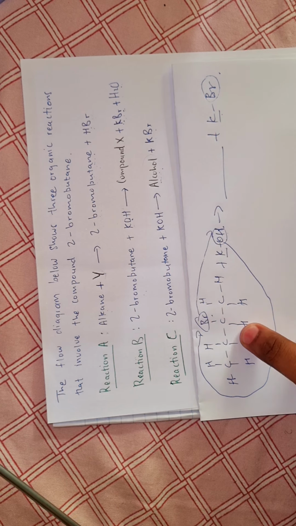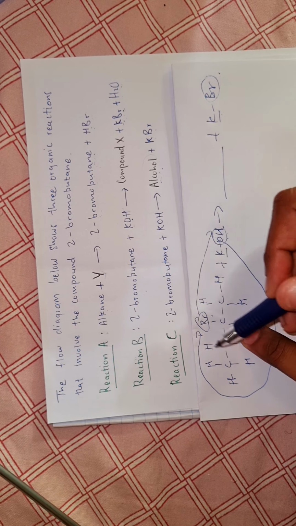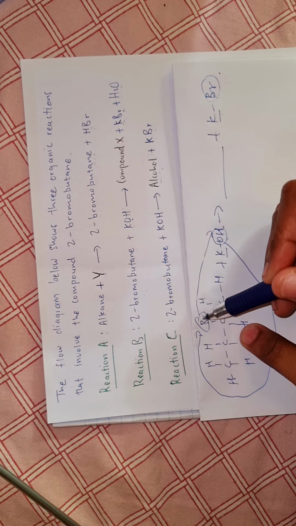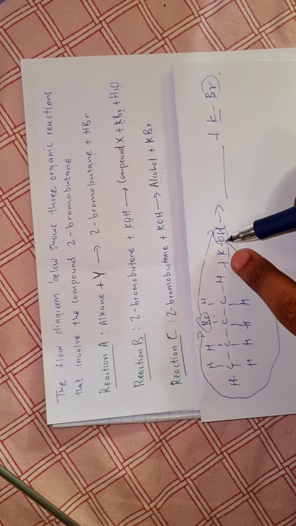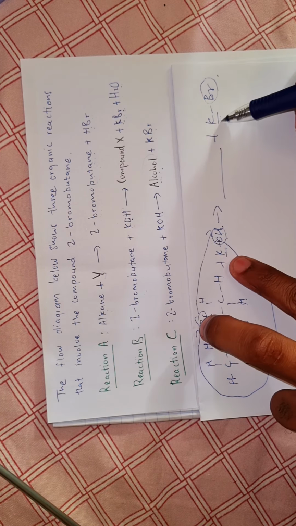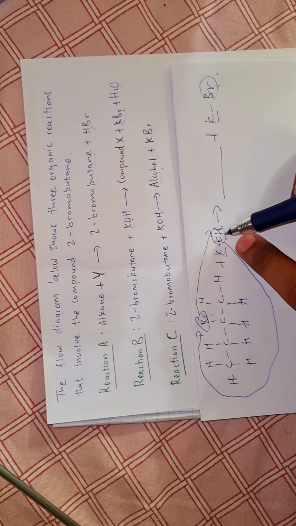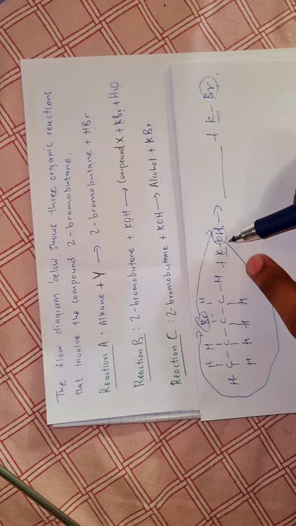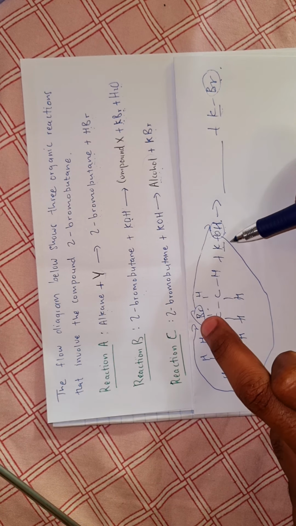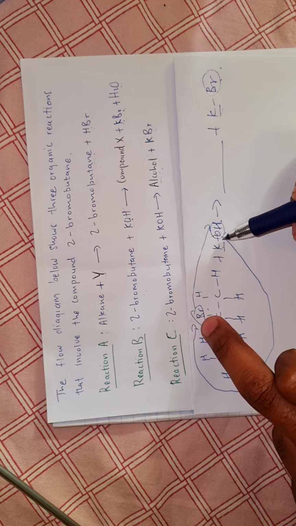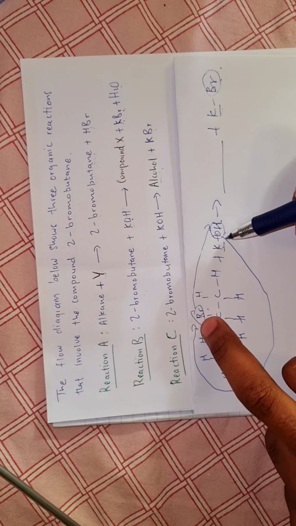OH got substituted for Br immediately when there was a removal of this Br, and therefore Br reacted with K to form KBr, which is our product. And what happened with OH? OH was just floating and decided to plug where Br was at, meaning this type of reaction is a substitution reaction.